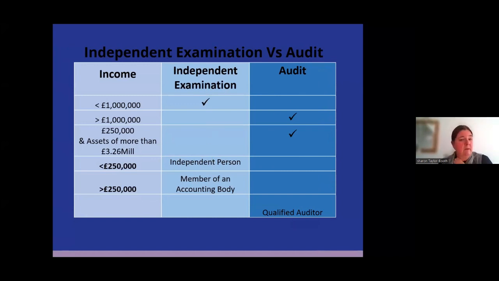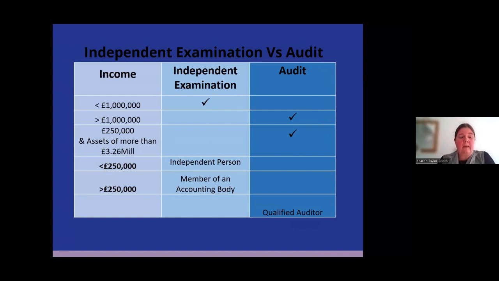Now, that's not me saying, and please recognize this, that's not me saying keep your income below £100,000 or below £250,000. If you're exceeding those limits, then you must comply with the rules. And if you are exceeding those limits, that is amazing. So embrace it.